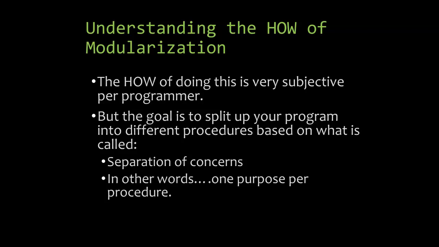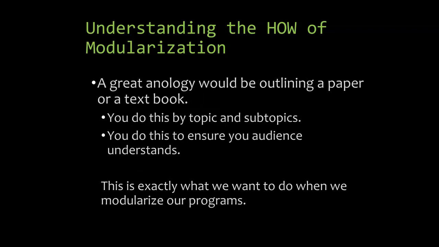That's the fancy word in industry, separation of concerns. It deals with object-oriented also, but the whole idea is each procedure should only deal with one concern. In other words, one purpose per procedure. If you're calculating two things in one procedure, it should be broken up into multiples. Does that make sense?